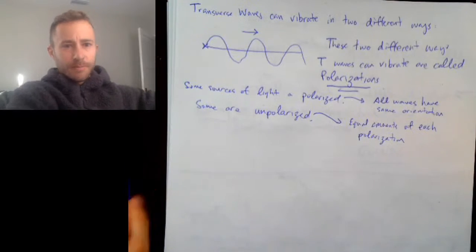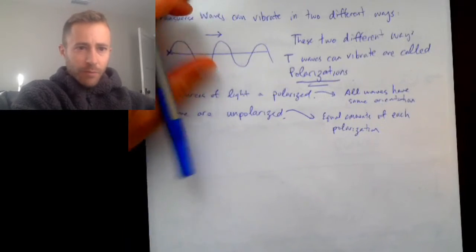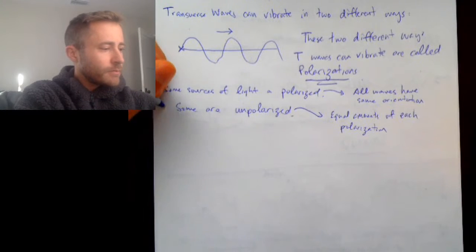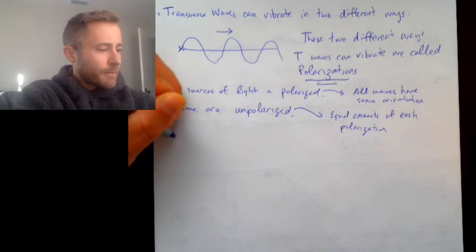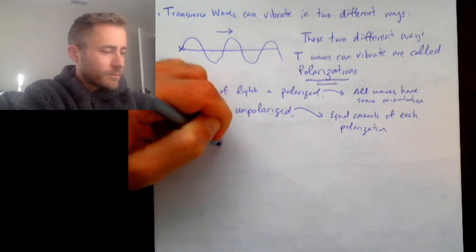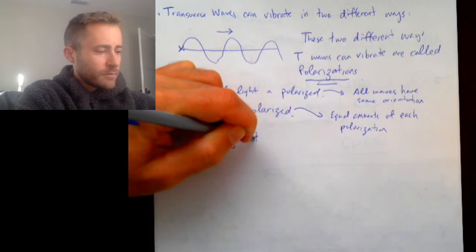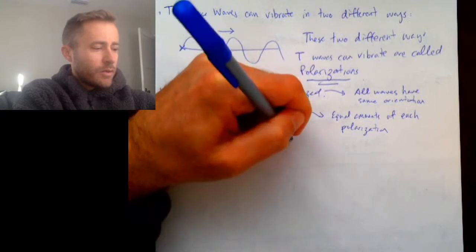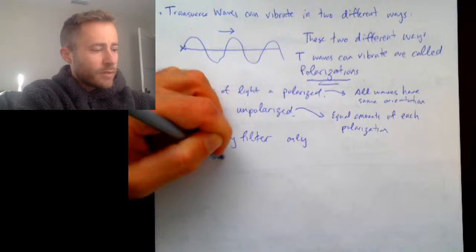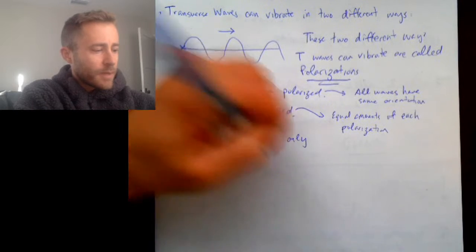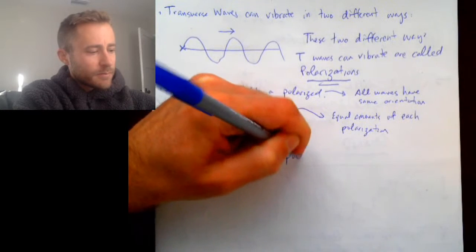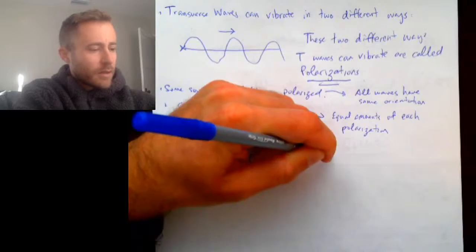It is possible to have what is called a polarizing filter. A polarizing filter only allows one type of polarization to pass through.